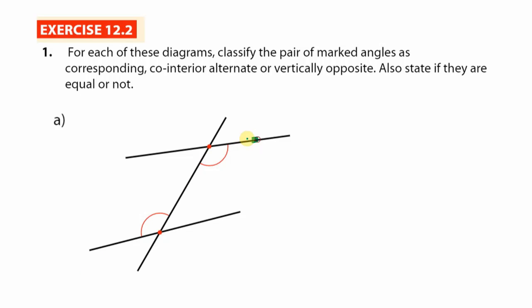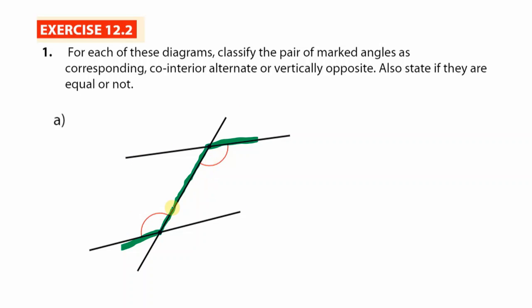Okay, this is the shape I see here. Z shape, eh? So if we see Z shape, what angles do we have? Alternating. They are on different sides of the transversal, but both inside the lines that form the transversal.